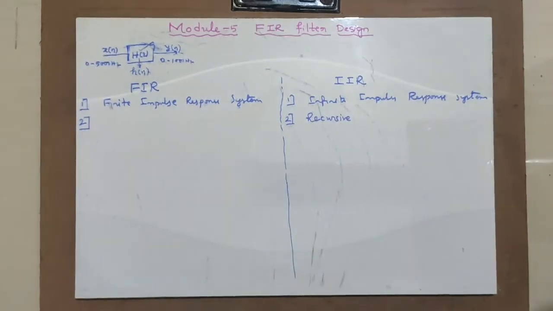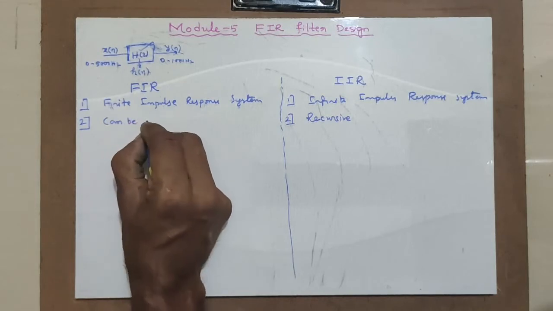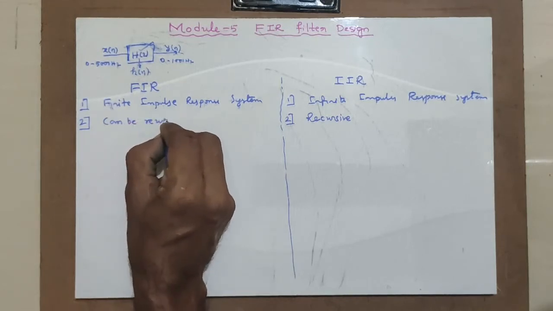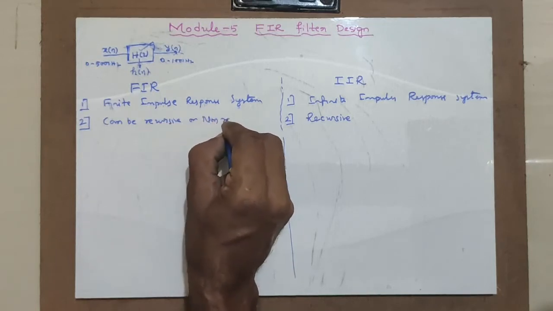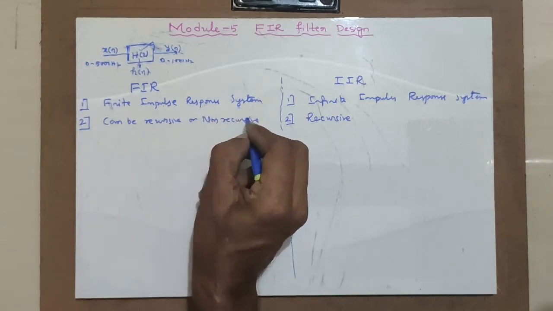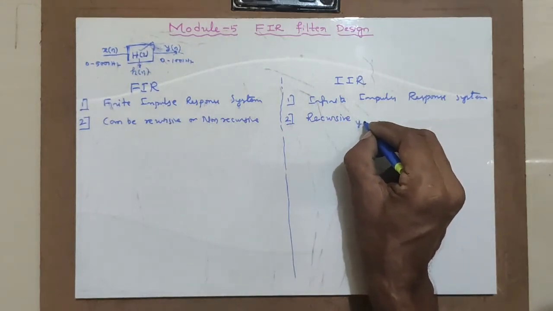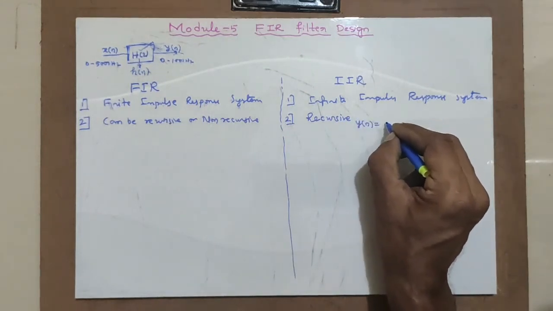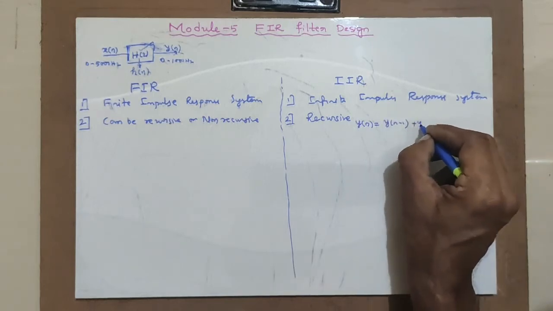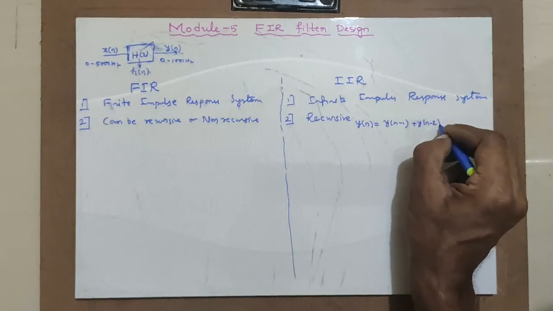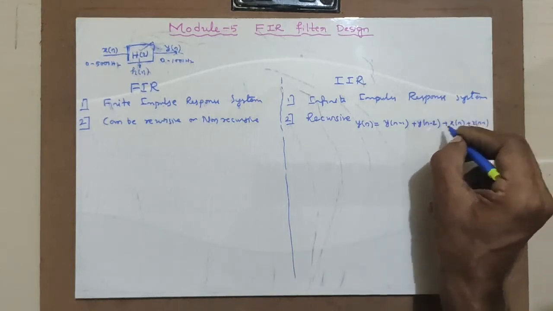What is the meaning of recursive? Here FIR can be recursive or non-recursive. The meaning is, in an IIR system the output Y of n can be equal to Y of n minus 1 plus Y of n minus 2 plus X of n plus X of n minus 1, like this equation.